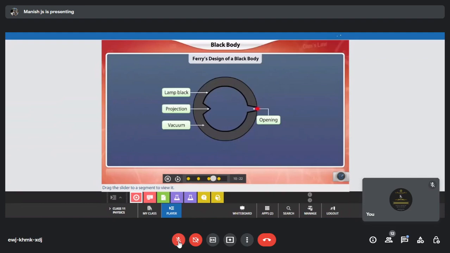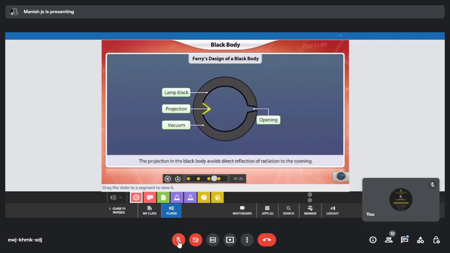When thermal radiation enters the black body, 96% of the radiation gets absorbed by the lamp black and the rest is reflected. The reflected radiation is again absorbed by the lamp black, and after multiple reflections, the entire radiation is absorbed. The projection in the black body avoids direct reflection of radiation to the opening.